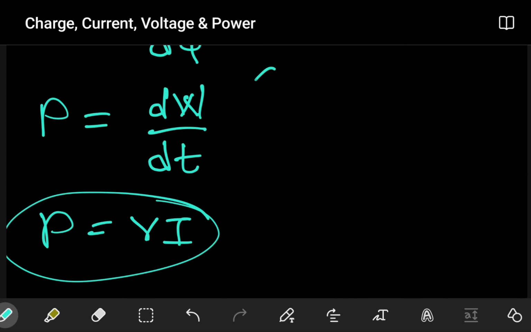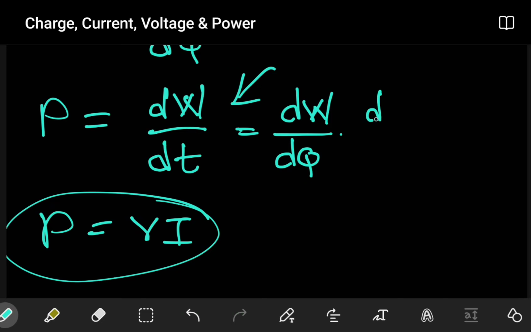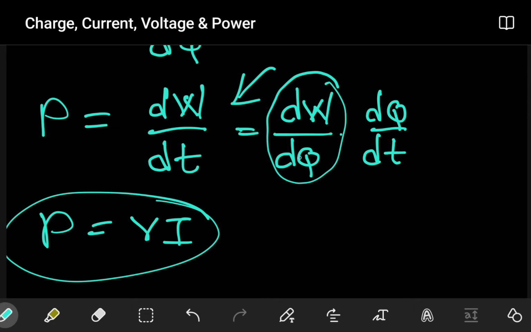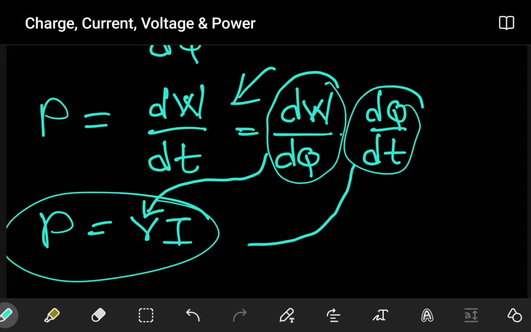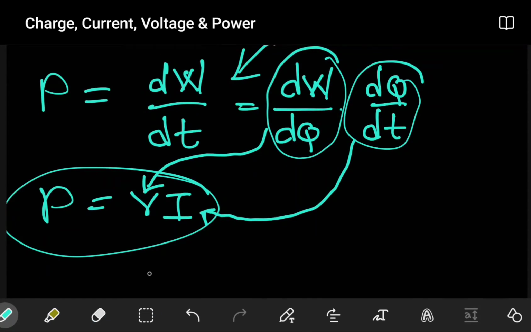Well, this expression actually comes from a definition like this, because if we use the chain rule here, we can write this as the amount of work done with respect to the amount of charge, multiplying the charge divided by time. If you look at this part, this is just our definition of voltage. And this part is our definition of current, charge over time. Perhaps I should use a small letter i here to mean this is a current that is changing with time. But of course, it doesn't really matter here.